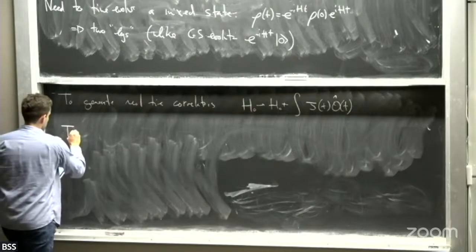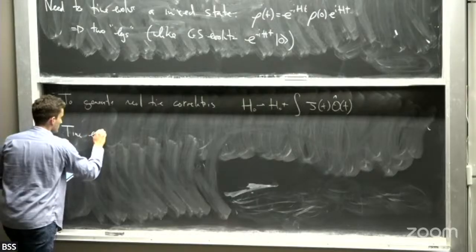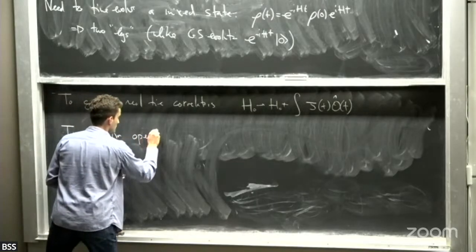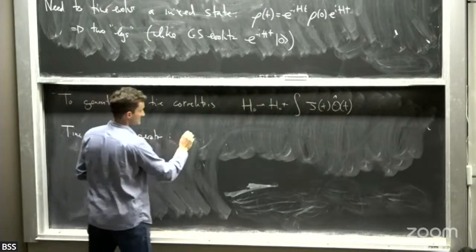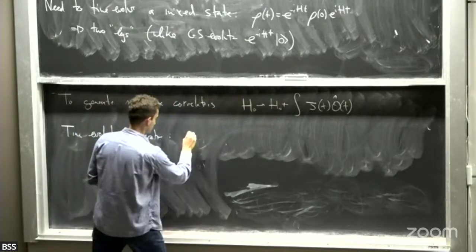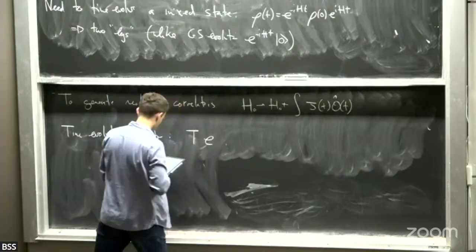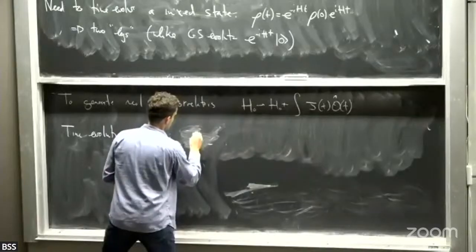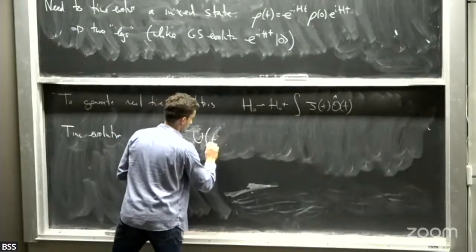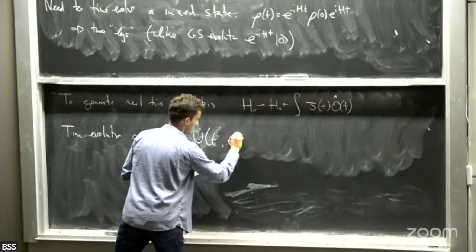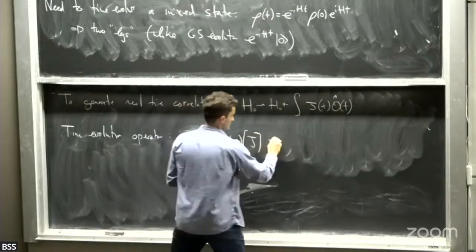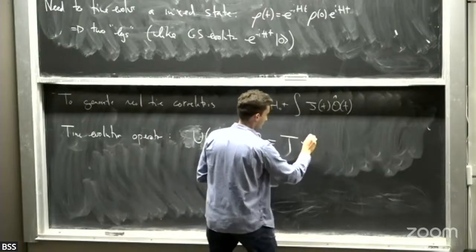So in the presence of these sources, the time evolution operator is not just e to the iHt, right? Because the Hamiltonian is time dependent. So instead, it's the time ordered exponential. So the time evolution unitary from some initial time Ti to Tf with arbitrary sources has the following formal expression. It's a time ordered exponential.